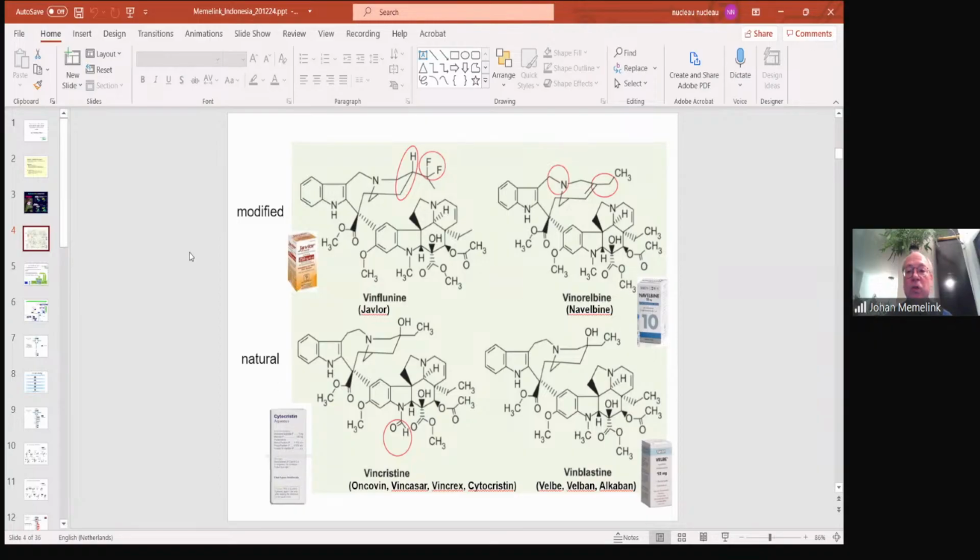And in the top part are more recent derivatives of these natural compounds, so they are modified compounds, and the modified parts are indicated in the red circles. And they are also sold as medicines under different trade names. So this is an important product from this medicinal plant.